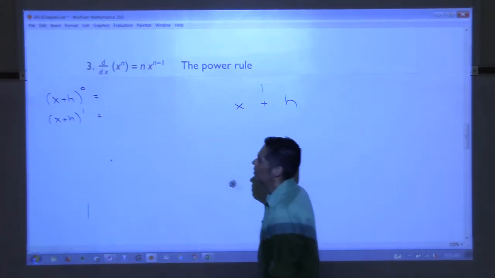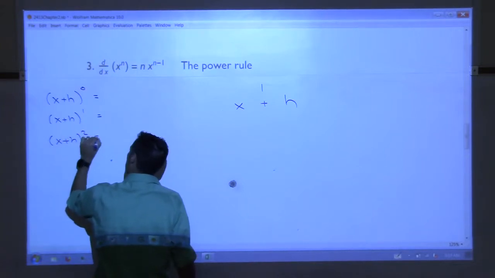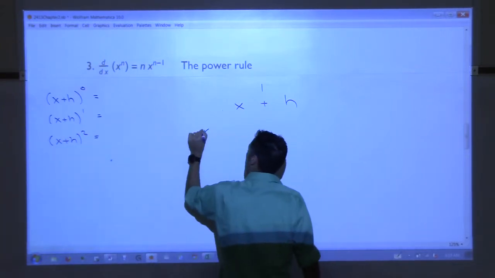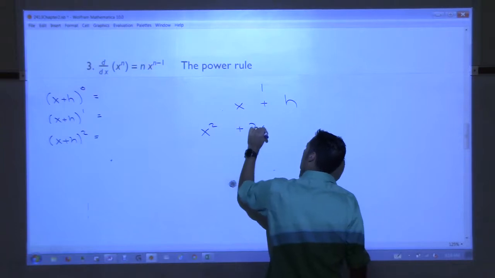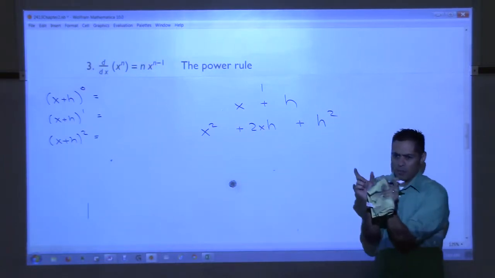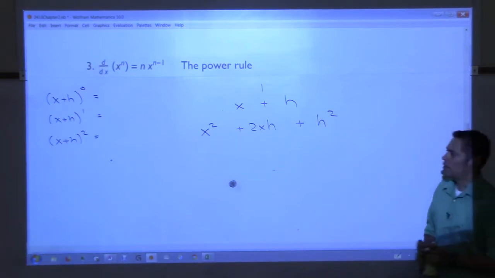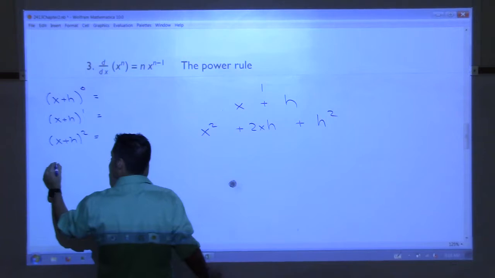And then what happens if I do x plus h squared? I get x squared plus 2xh plus h squared, right? That's what you would get if you multiplied the two together. Okay, now let's do x plus h cubed.